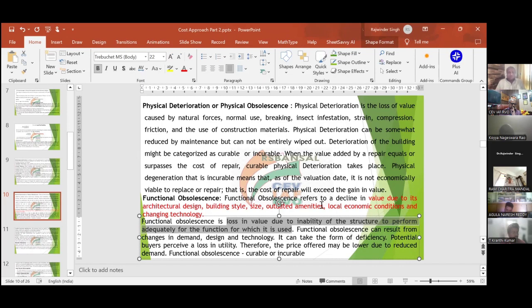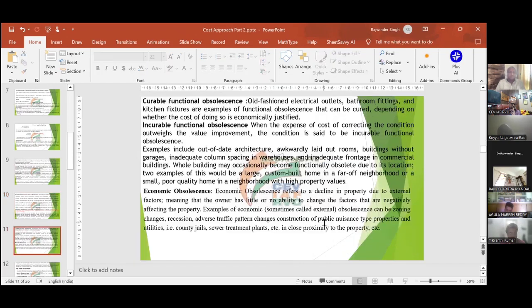And functional obsolescence may be curable and may be incurable. So curable means in case of buildings, you can have old-fashioned electrical outlets, bathroom fittings, and kitchen fixtures, which you can replace, depending upon whether the cost of doing so is economically justified or not. And incurable obsolescence when the cost of correcting the condition outweighs the value improvement.